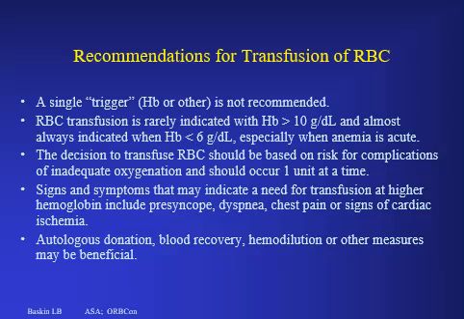Red cell transfusions are usually required at hemoglobin concentrations between 6 and 10 grams per deciliter, and especially when anemia is acute. The decision to transfuse needs to be based on the risk for complications of inadequate oxygenation, and these should occur 1 unit at a time.